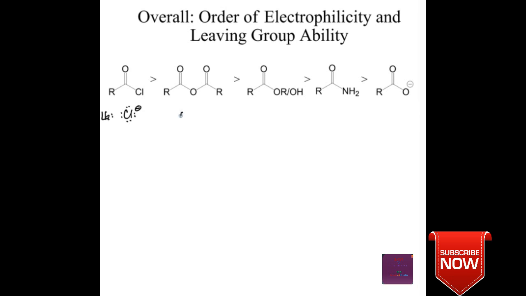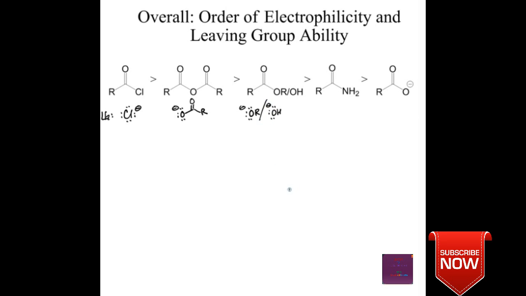The leaving group here is carboxylate. This is a carboxylate anion. The leaving group here, we're putting both of these kind of together. They're not hugely different in terms of their reactivity. So either an alkoxide or hydroxide as your leaving group.